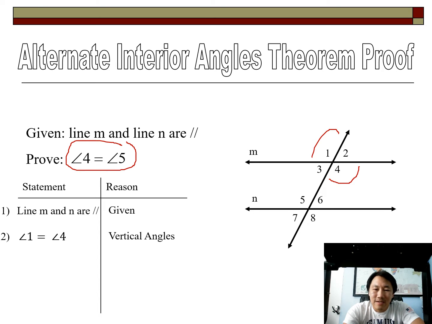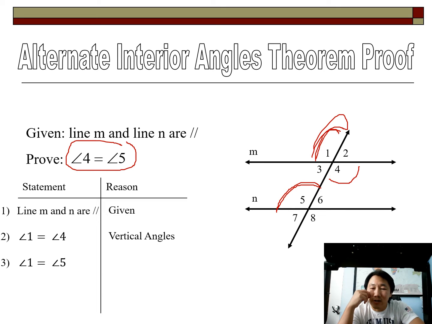Now we have angle 1 is equal to angle 5. 1 and 5 are equal. They also have a very specific vocabulary term. Why the relationship between angle 1 and angle 5. Do you guys remember it? They're called corresponding angles.